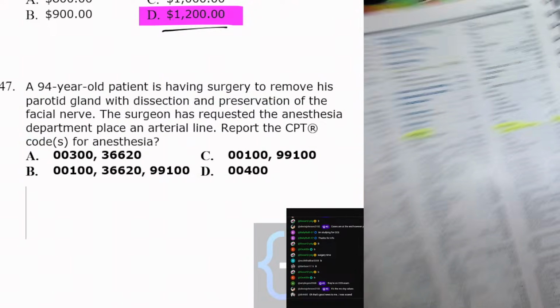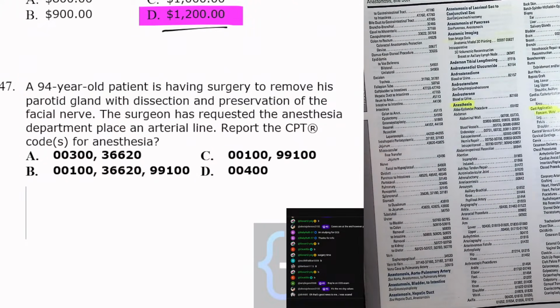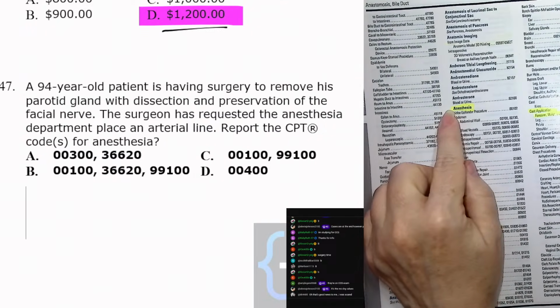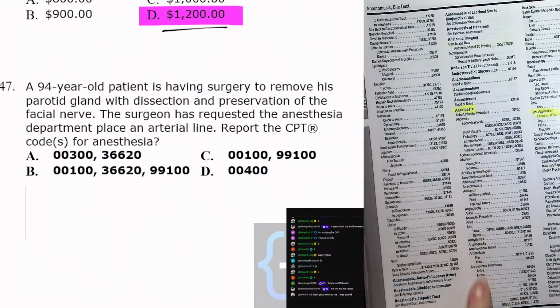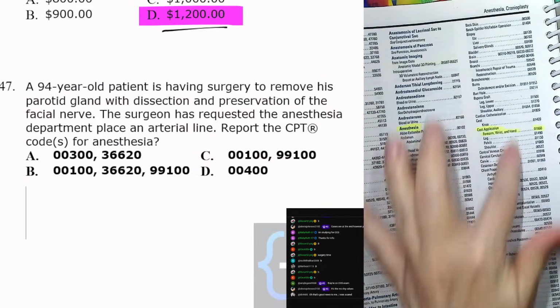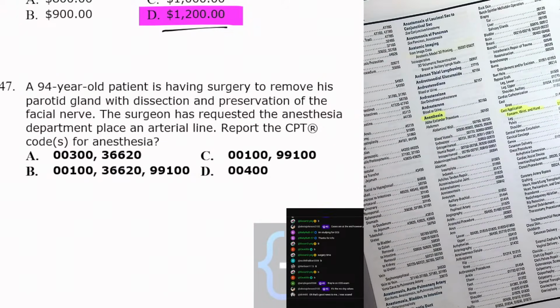Anesthesia starts on page 1100 in the 2026 AMA CPT book. Middle column, anesthesia. And you can look up a lot of your correct answers from here.